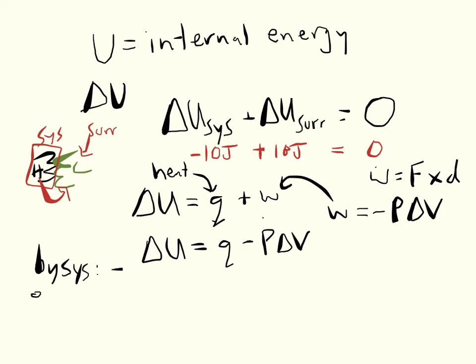If work is done on the system, that is going to be considered a positive value. If heat is absorbed by the system, endo, so if the system absorbs heat, that's going to be considered a positive value. And if the system loses heat, exo, that's going to be a negative value.